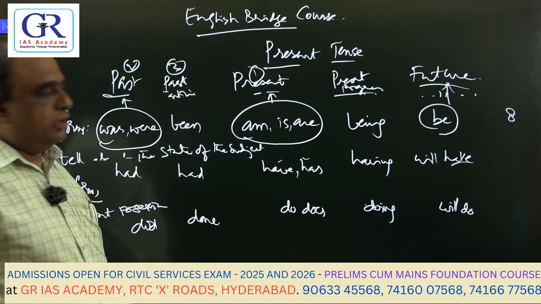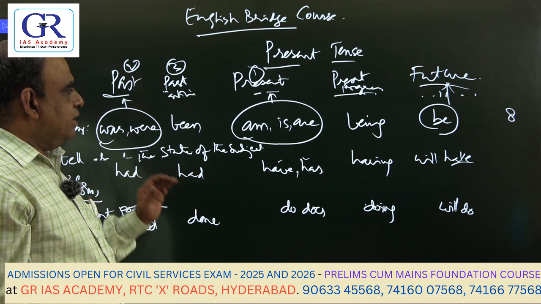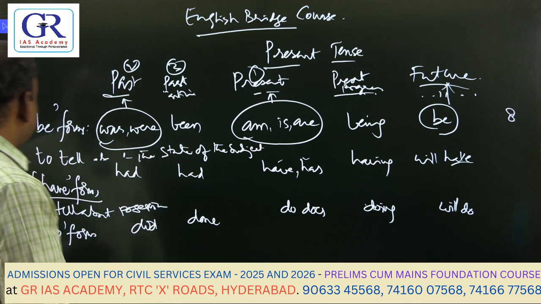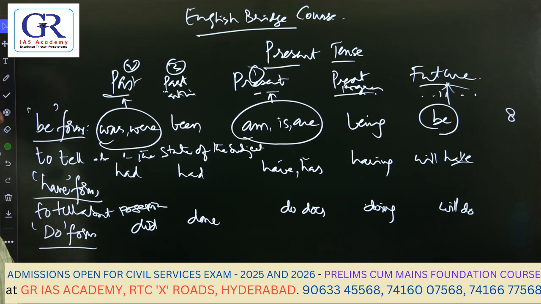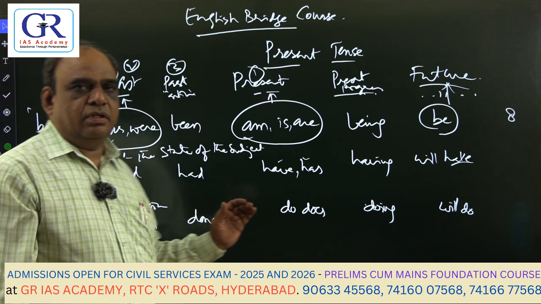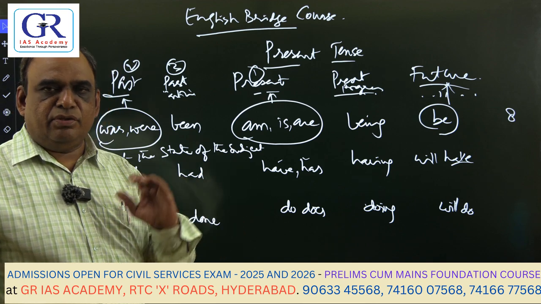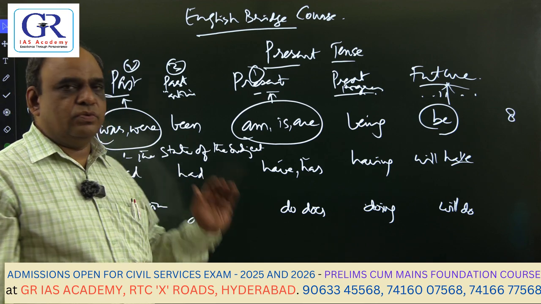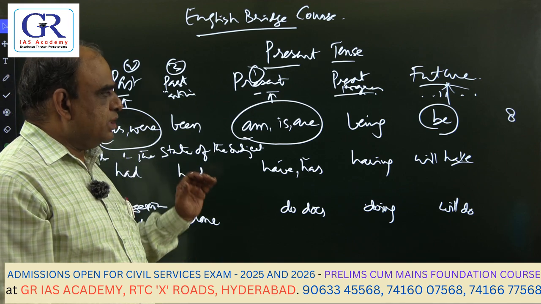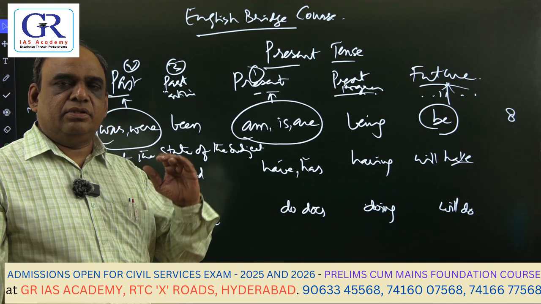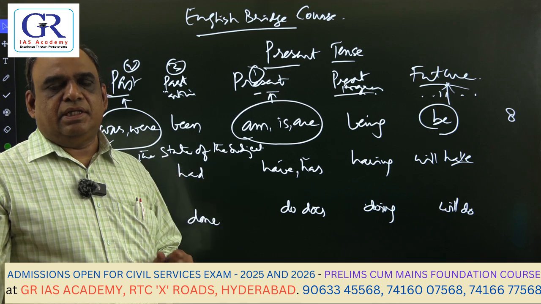Why have I specifically told about these 3 forms? Be forms, have forms and do forms, because these are also used as helping verbs in framing the tenses.